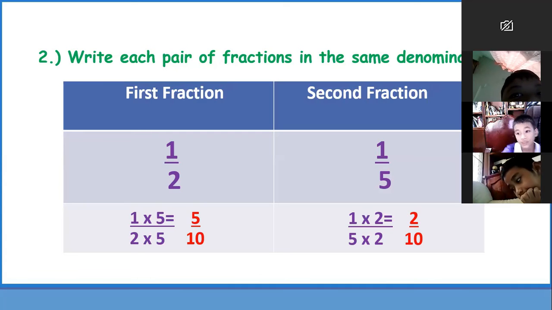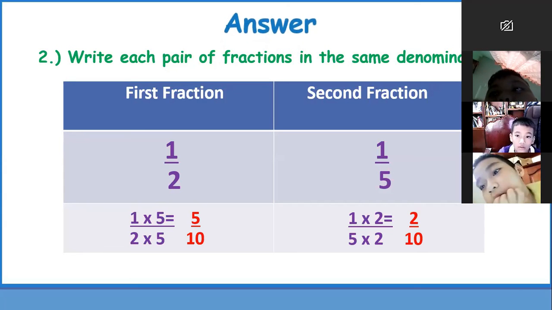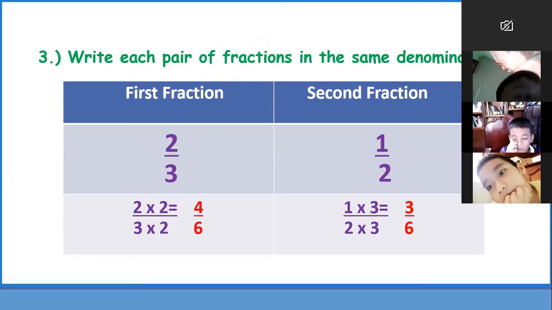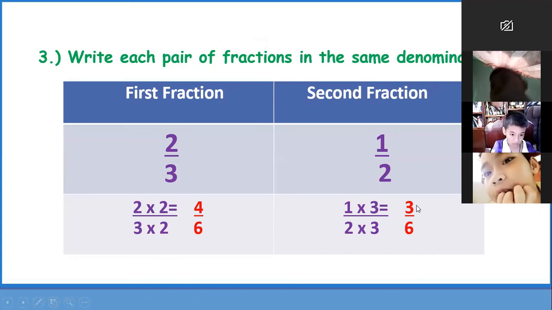Okay. For number 3, who can give me the answer? What is the answer before I show? 4/6 and 3/6. Okay, let us see. 4/6 and 3/6. Wow, very good. That is correct.